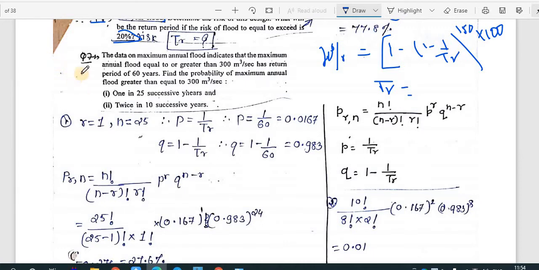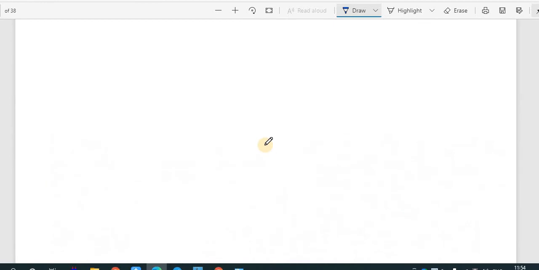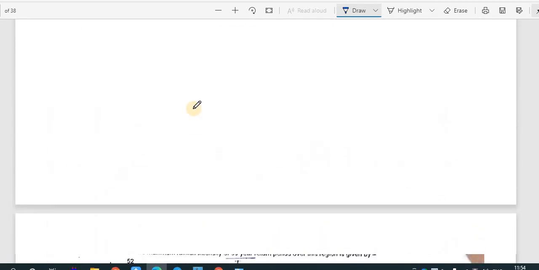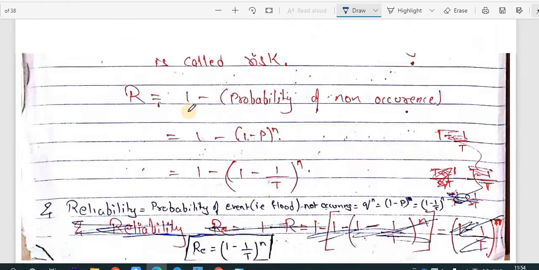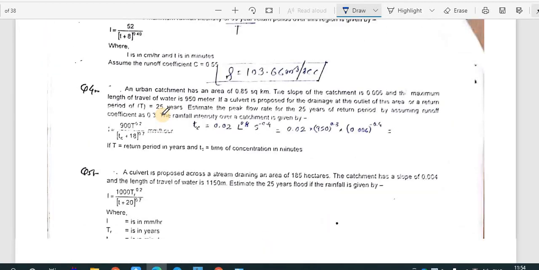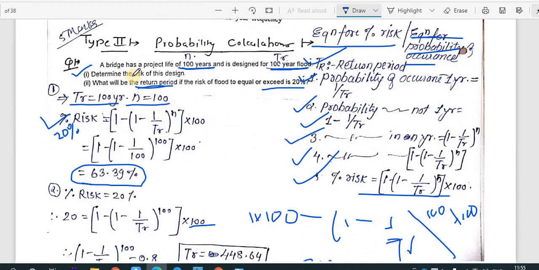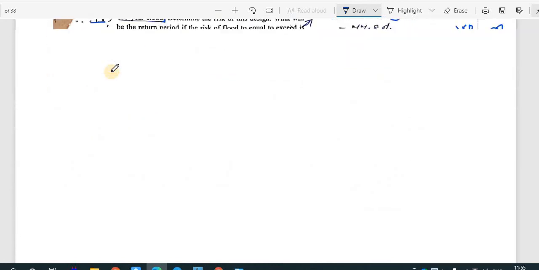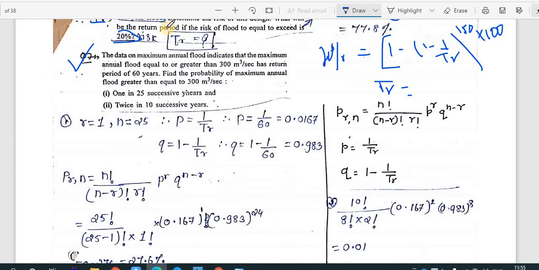After this, the next question is related to what we have studied in the above slides, related to the probability of reoccurrence of an event. Okay, we'll try to solve it. The question is saying that the data on maximum annual flood indicates that the maximum annual flood equal to or greater than 300 meter cube per second has a return period of 60 years.